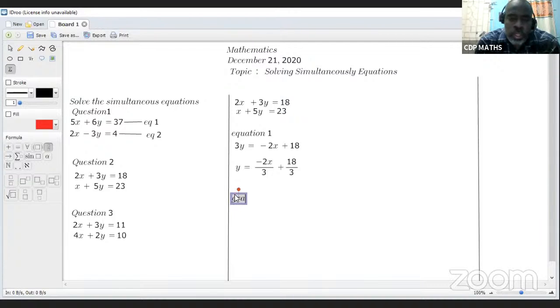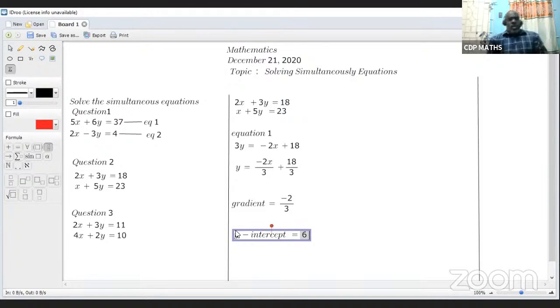So our gradient, using the rise over run method, is negative 2 over 3. And our y-intercept is 6.